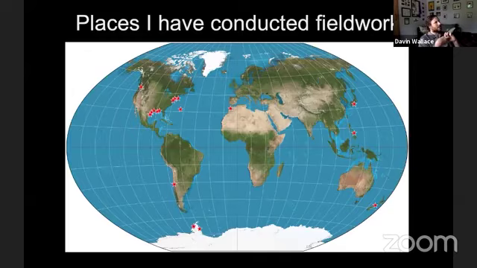Before that, these are the places I got to go around the world: lots of locations in the Gulf of Mexico, the Eastern Seaboard, Bermuda, which is an island in the North Atlantic, Washington, Morocco in Africa, Chile in South America, Antarctica. I'll show you some pictures from some of these places as well. Japan, the Philippines, and New Zealand. So, lots of really cool places where I've been able to conduct studies.